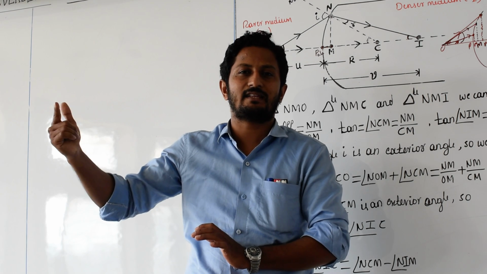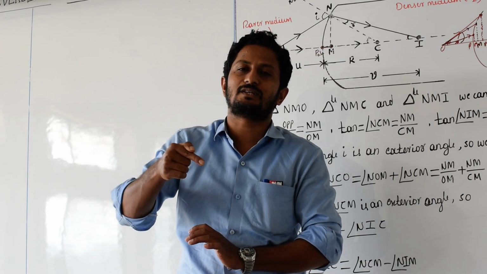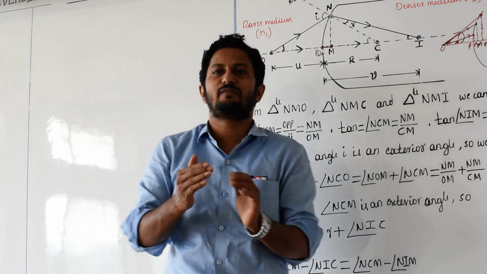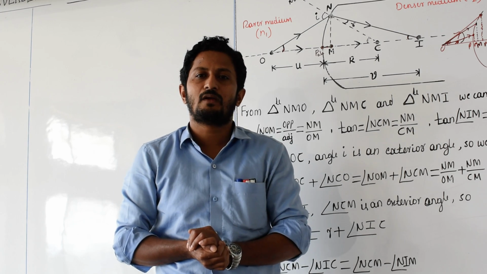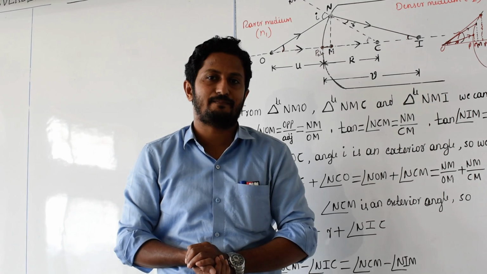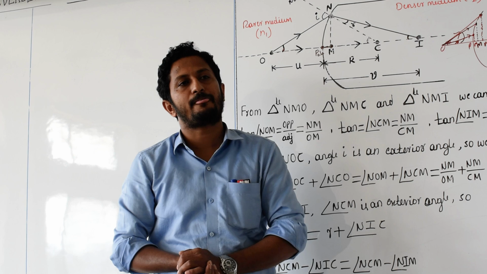We'll see why the concave is diverging and why the convex is a converging lens. Before that, firstly, how do we identify them as convex and as concave?